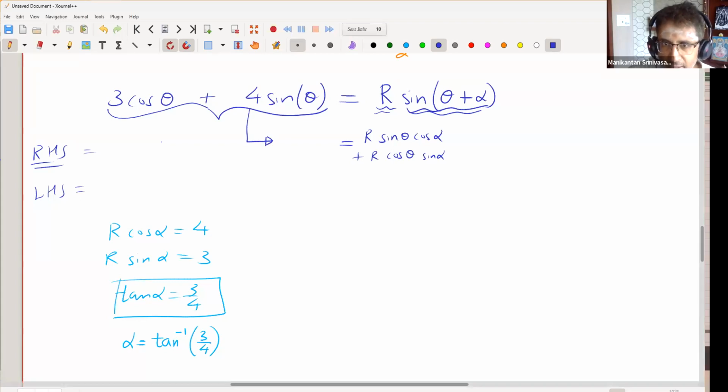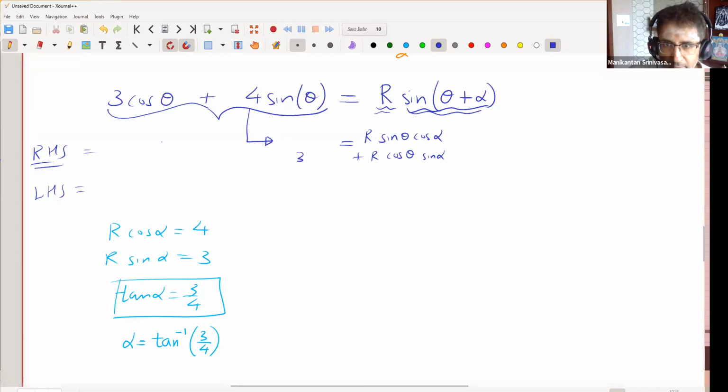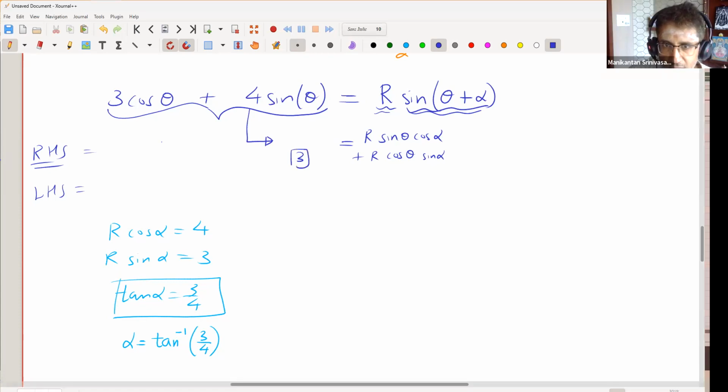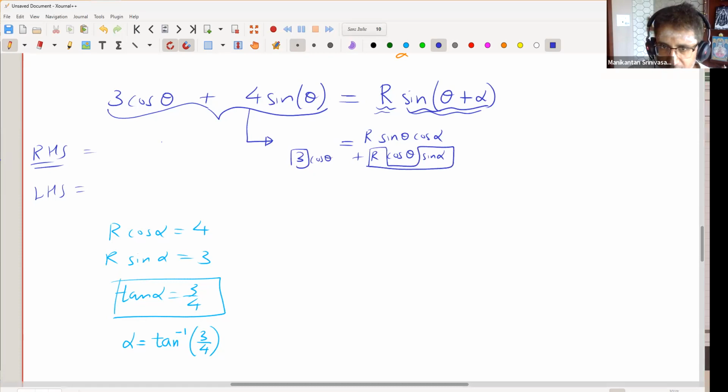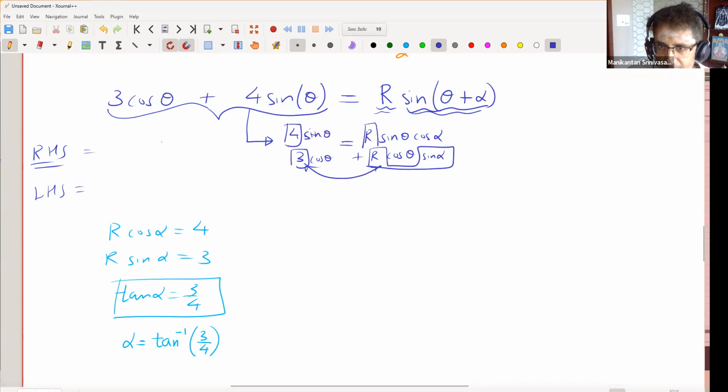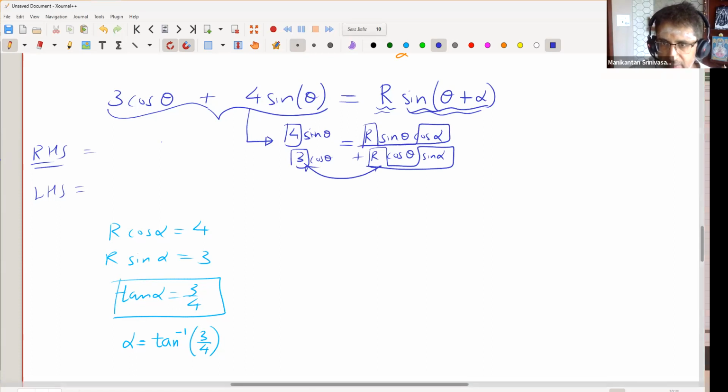So the easiest way is to match the 3 with R sine alpha into cos theta, and similarly match the 4 with whatever multiplies the sine theta, which is R cos alpha. Are you with me? Yeah, I think I got it. So in other words, R cos alpha is 4, R sine alpha is 3.